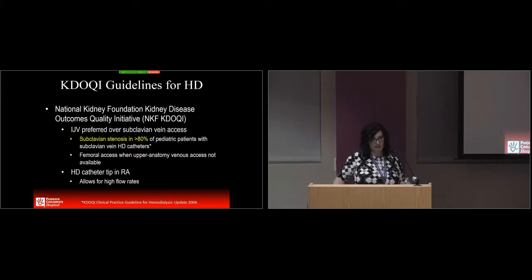So this is the reason for the recommendation for internal jugular access for HD catheters. Femoral access is utilized when the upper anatomy veins are not available. And again, the catheter tip should be in the right atrium, so it's usually mid to deep right atrium for HD lines.